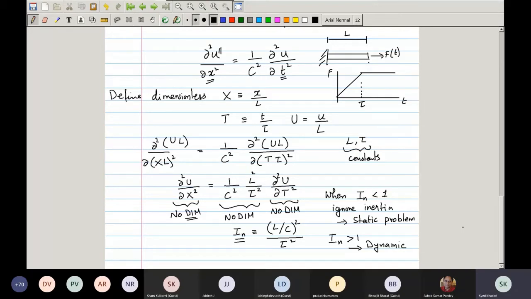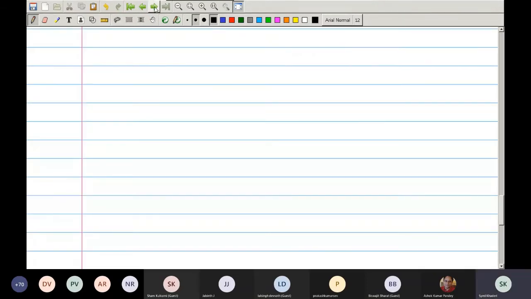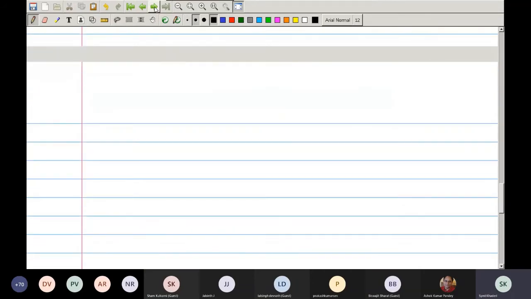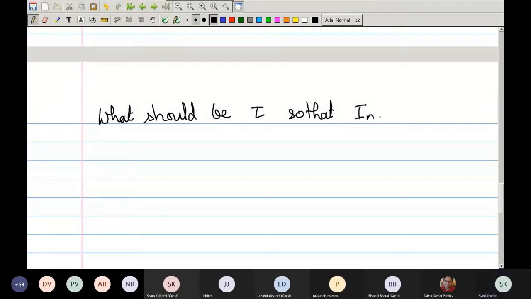Now let's take an example to see what should be the tau so that inertia is dominant. The question is, what should be tau so that the inertia number is 1? Let's say inertia forces should be non-ignorable.